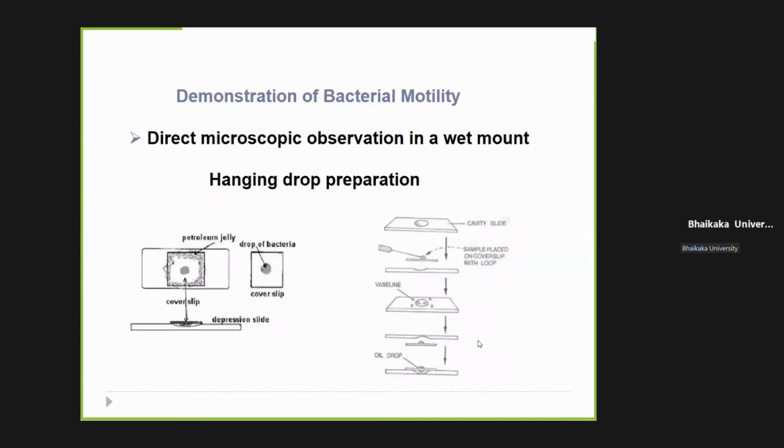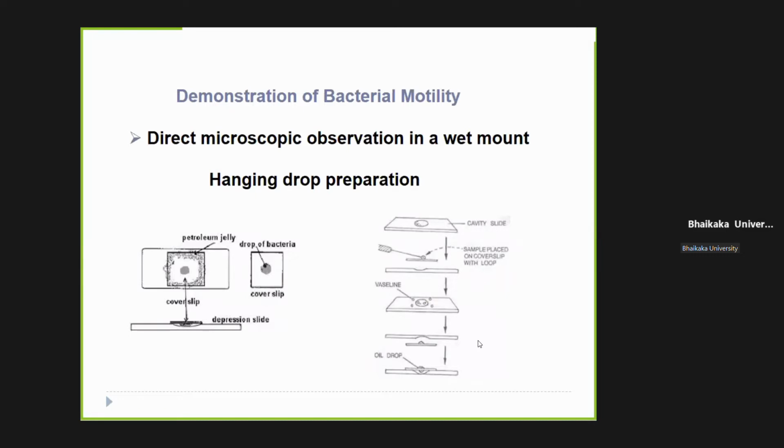Now we can demonstrate whether particular bacteria present in the sample of the patient are motile or not by microscopic observation in a wet mount preparation, and the other is the hanging drop preparation.